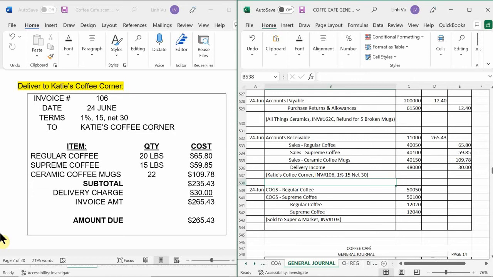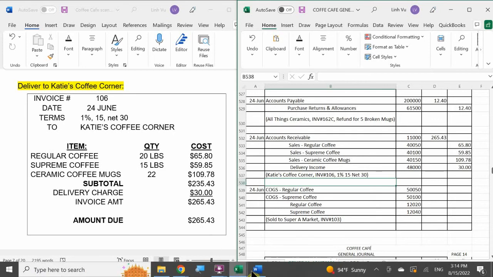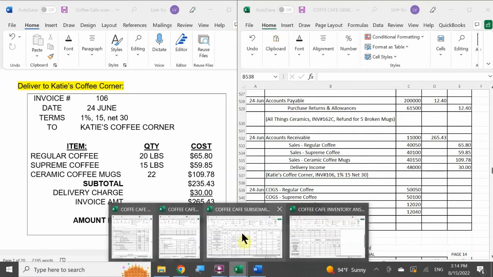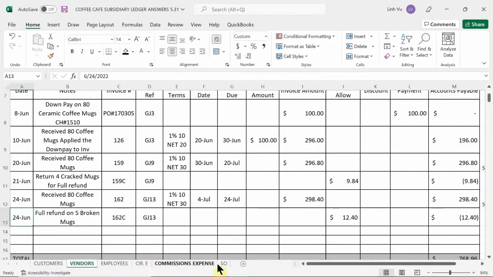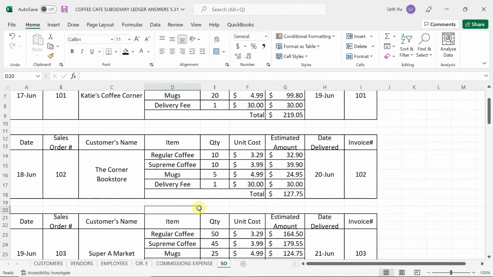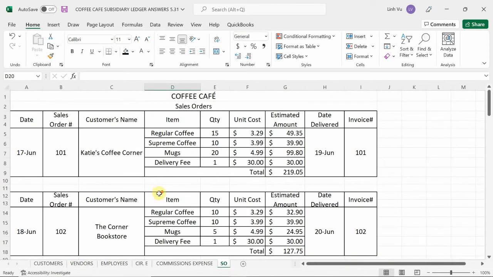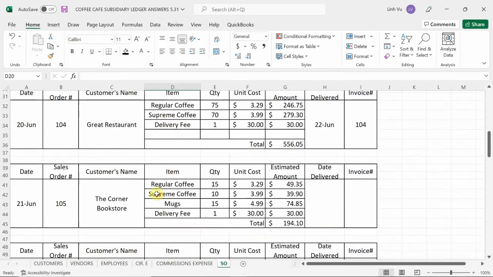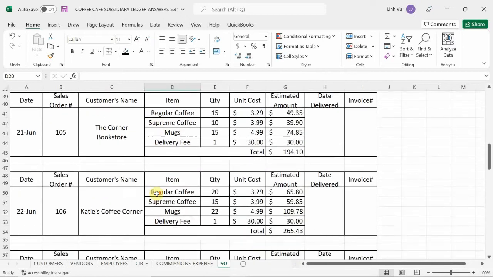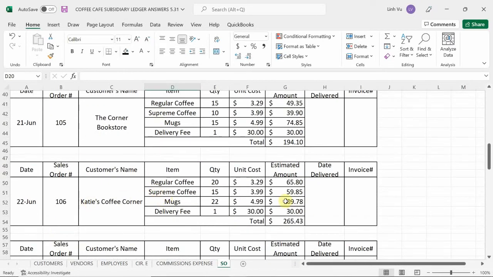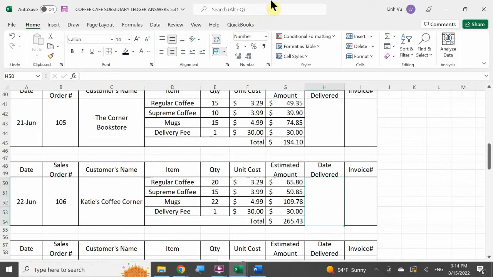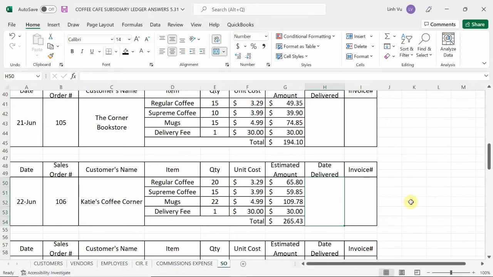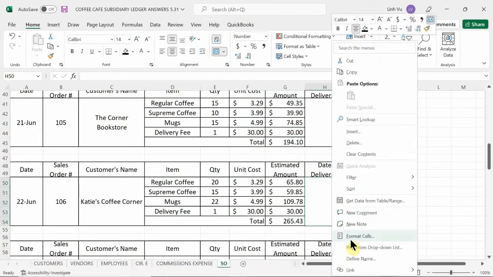I go to the subsidiary first because you need to mark the sales order as received. Line 106. It was delivered today. There it is.